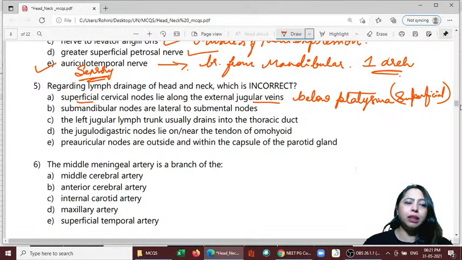Next, the left jugular lymph trunk drains into the thoracic duct. Jugulodigastric nodes lie near the tendon of omohyoid. Preauricular nodes are outside and within the capsule of the parotid. Preauricular is in front of the auricle.